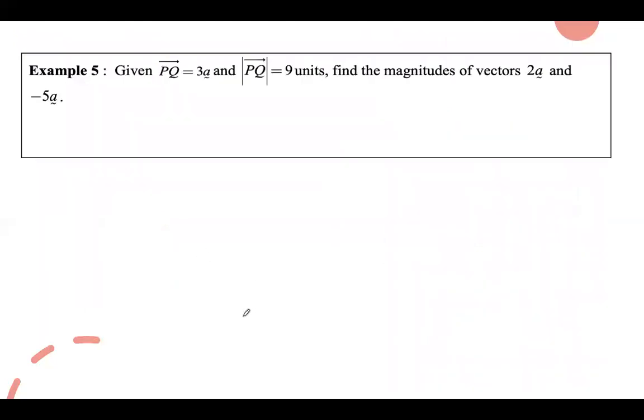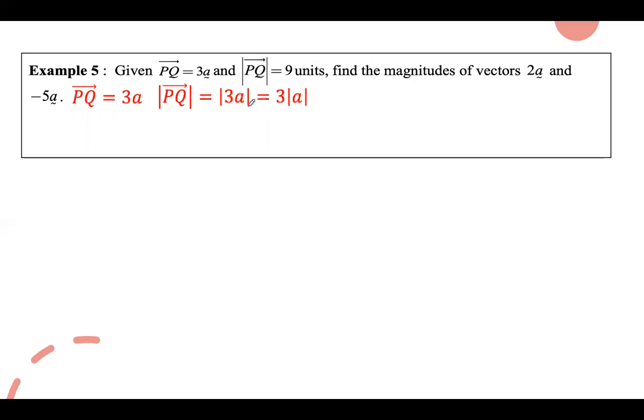Now example 5, which is related to scalars. PQ equals 3A, and the magnitude of PQ is 9 units. So the magnitude of PQ, the modulus of 3A, equals 3 times the magnitude of vector A. What is the magnitude of A?